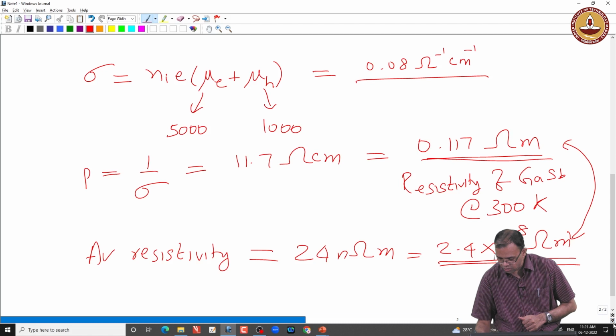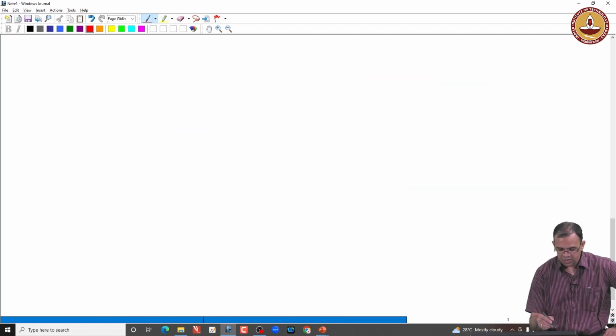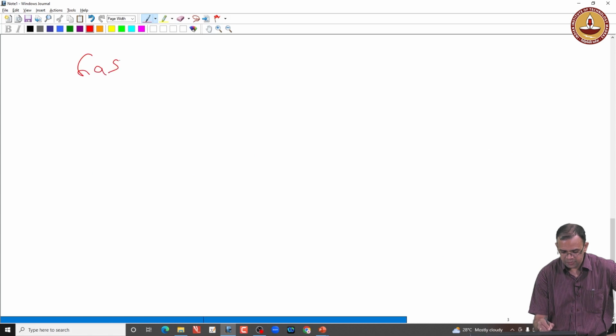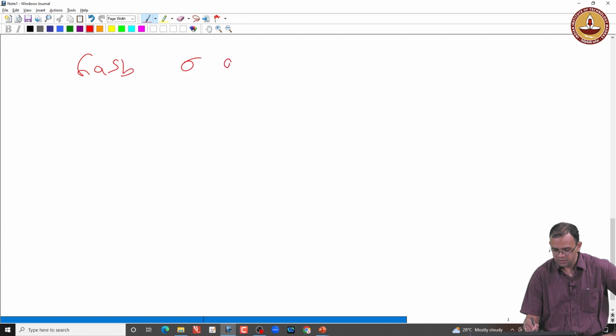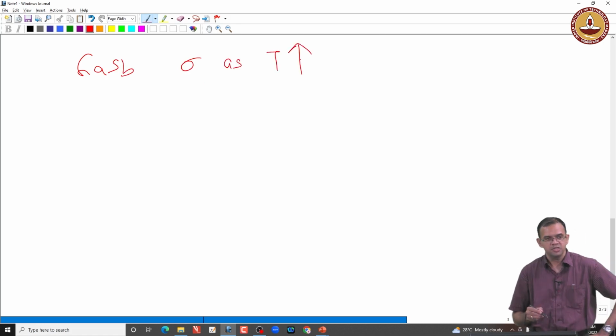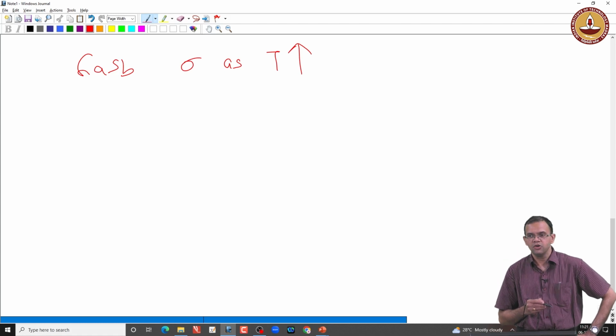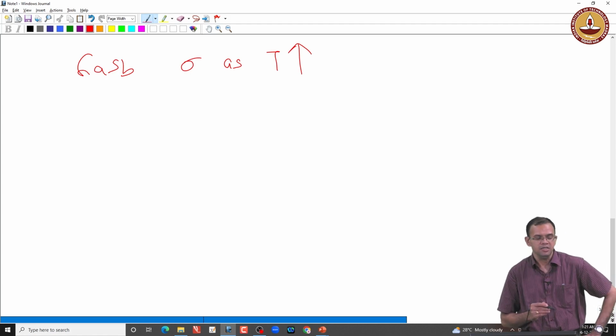Just to sort of finish this particular question out, so again let's go to gallium antimonide. What happens to sigma as temperature increases, right? So what is going to happen to the conductivity or the resistivity, but we'll just stick with conductivity.